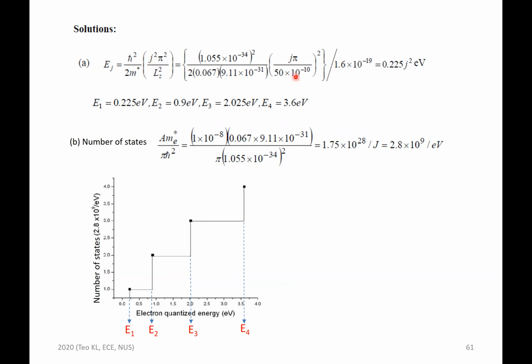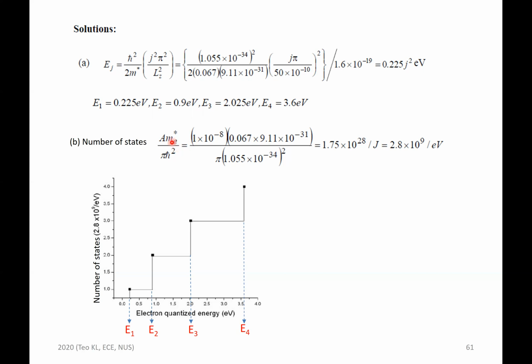When you calculate this, it will be in joules. Divided by 1.6 times 10 to the power minus 19, that will give you eV. So you substitute J to be 1, 2, 3, 4, and you get the electronic quantized energies.